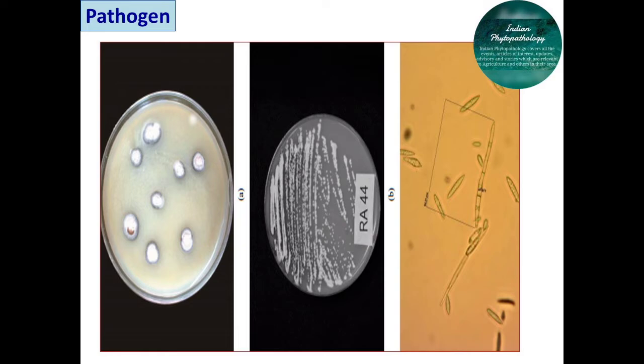The perfect stage of the fungus produces perithecia containing many asci. The ascospores are hyaline and usually two-celled. So these are the microscopic structures of this pathogen. You can see in the images the growth of this grey mildew pathogen inside the petri plate, and on the right side you can see the microscopic structure of this pathogen.